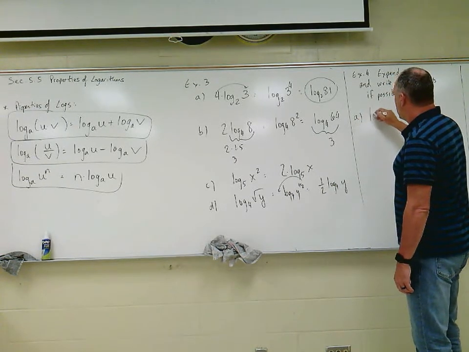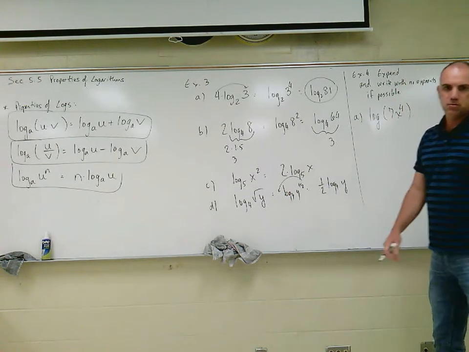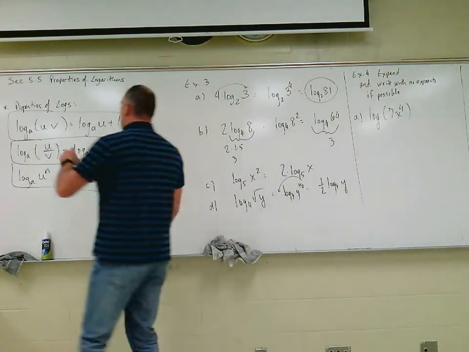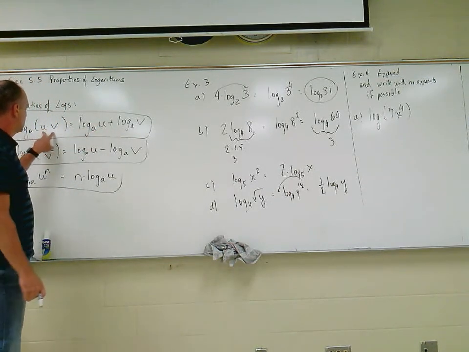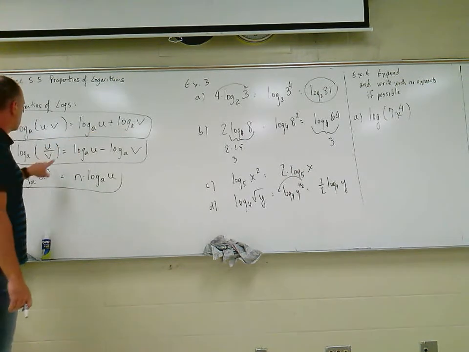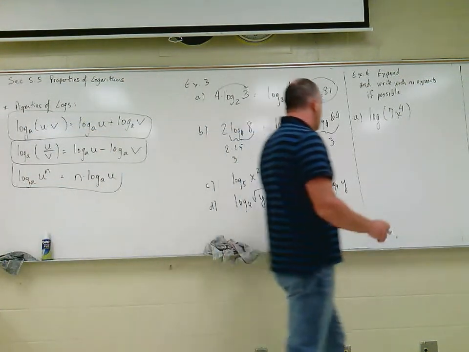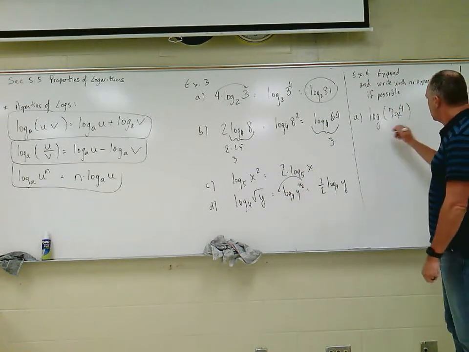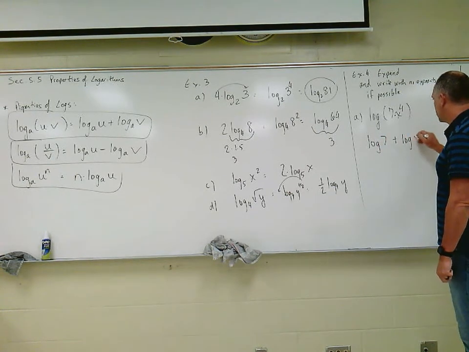Maybe we have log of 7x to the fourth. When I'm expanding, I go from one log to many logs: either a log of multiplication to 2 logs of addition, or division to 2 logs of subtraction. The main operation in there is multiplication, so I can write this as log of 7 plus log of x to the fourth.